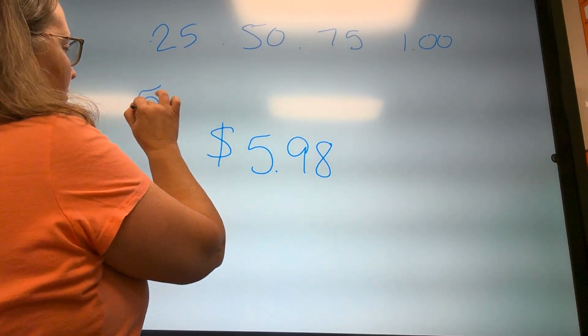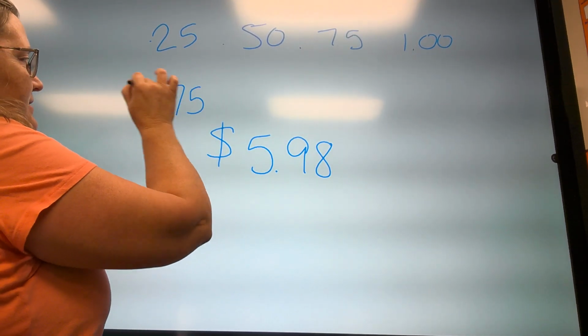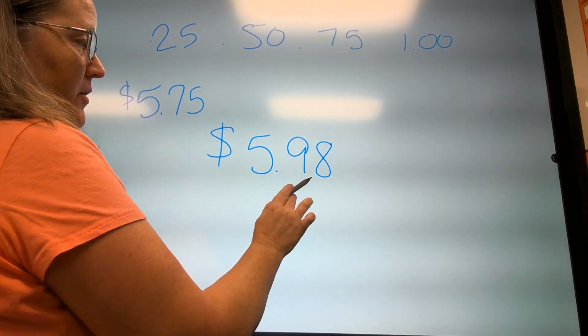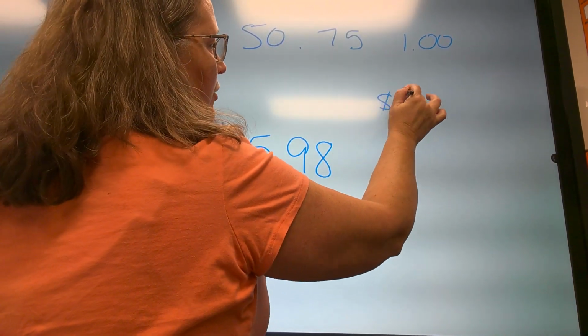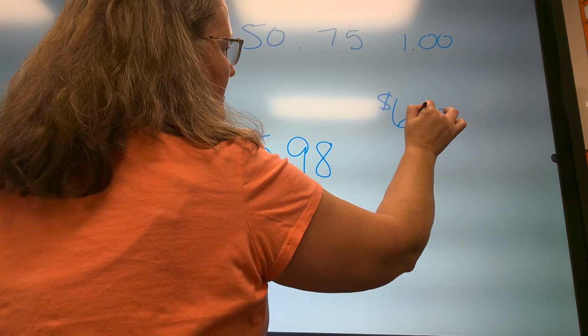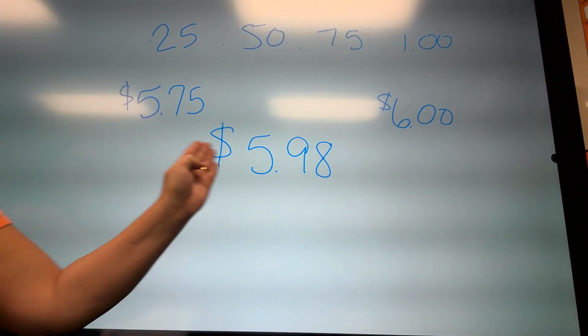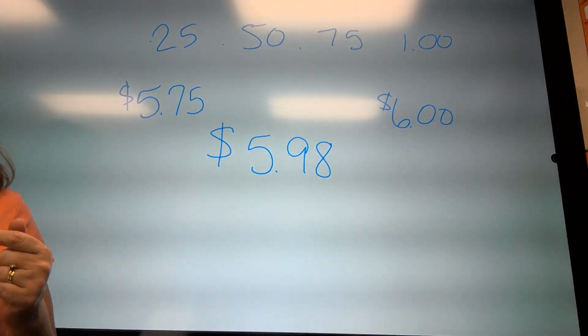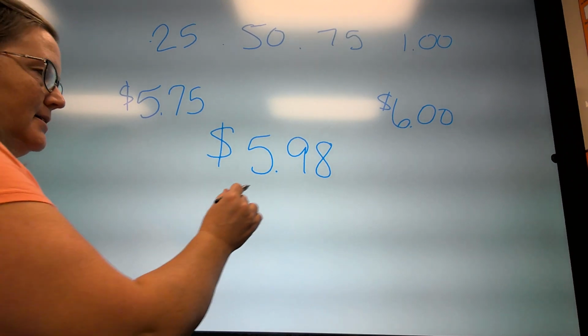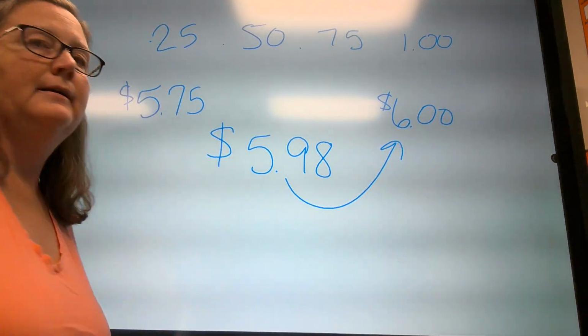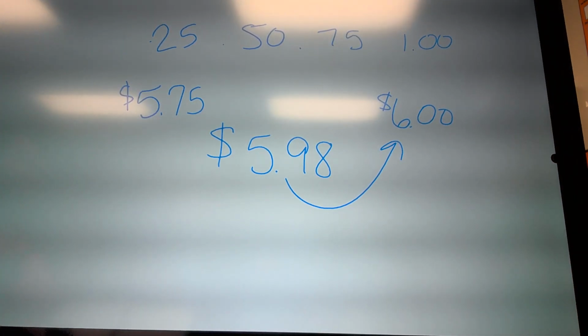So it is either going to be $5.75 because it's more than 75, or it's going to be $6 because it's less than $6. Which one is it closest to? $6, because it's only 2 pennies away. Very good.